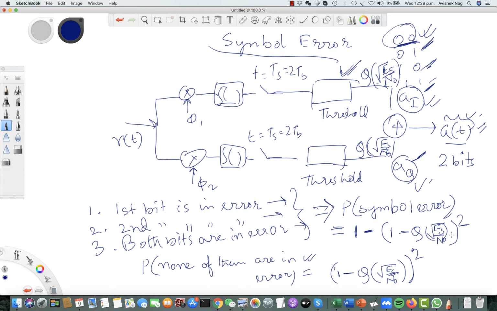Okay, so this is the probability of symbol error. So this is different from the probability of bit error.